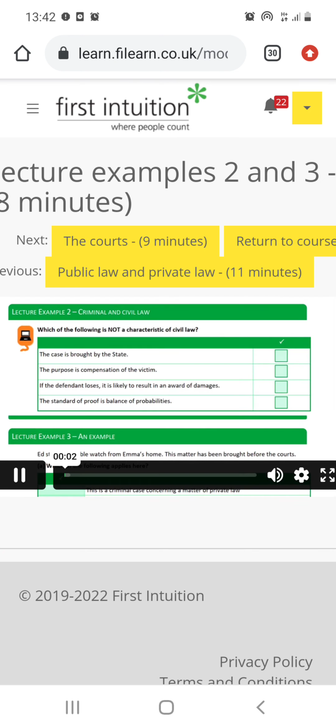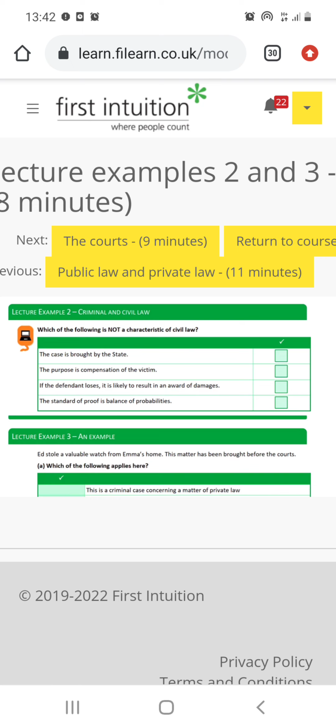Welcome back. Having viewed the recording on public law and private law, and criminal law and civil law, we're now going to try and apply our knowledge to a couple of lecture examples. So let's start with lecture example 2, which is all about criminal and civil law. If you need to, please refer back to the previous recording.